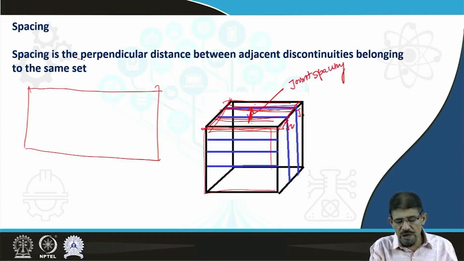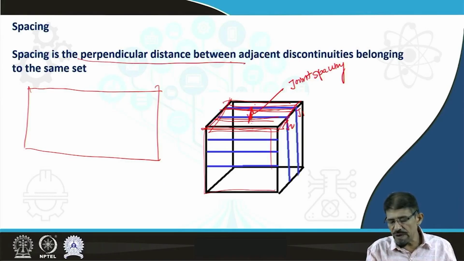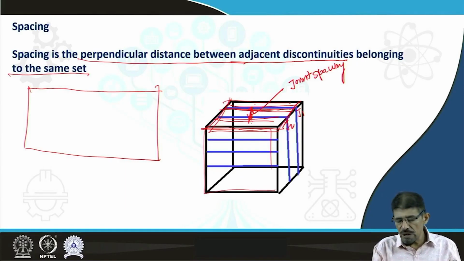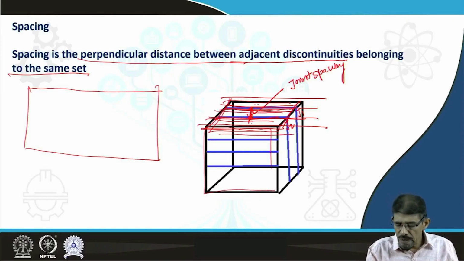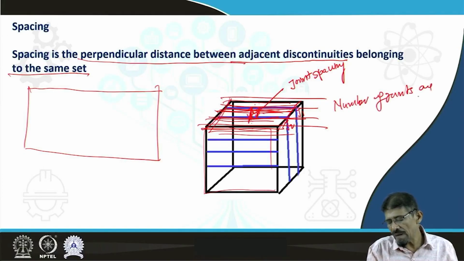Joint spacing is the perpendicular distance between adjacent discontinuities or joints belonging to the same set, running parallel to each other. So if the distance between two consecutive joints is less, it means the number of joints is more.